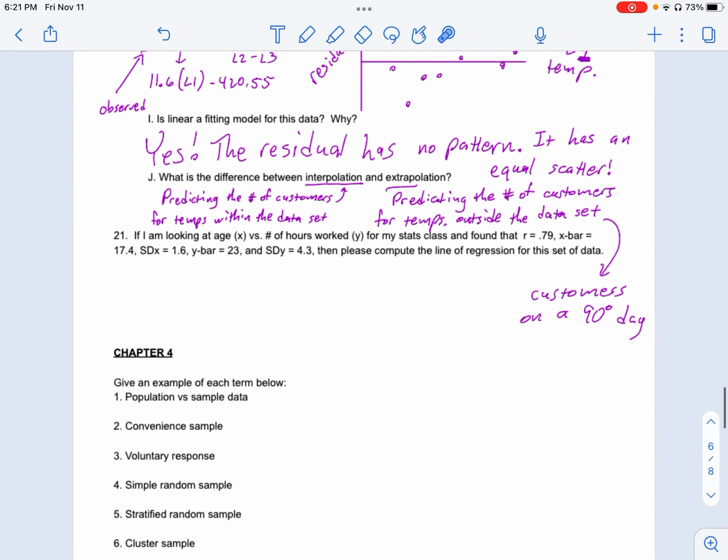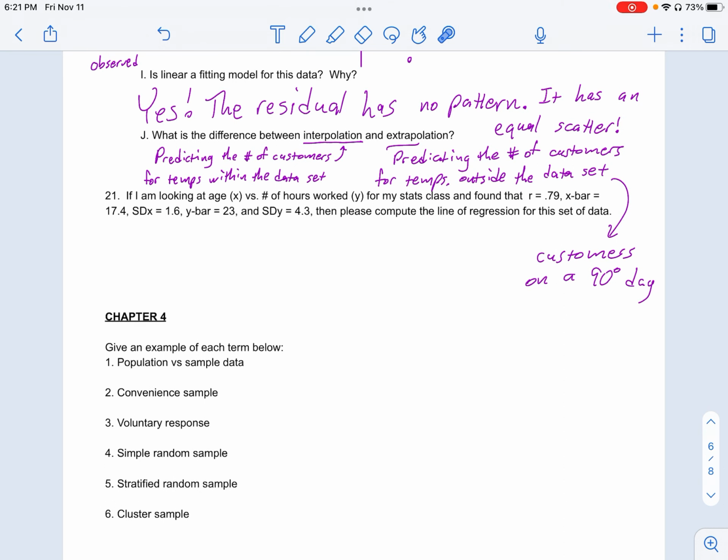All right, last question. If I'm looking at the age, X, versus number of hours worked for my stats class, so we have a brand new context here. And I found that R is 0.79, X bar, the average, is 17.4, and the standard deviation of X, and all this stuff. Then please compute the line of regression.